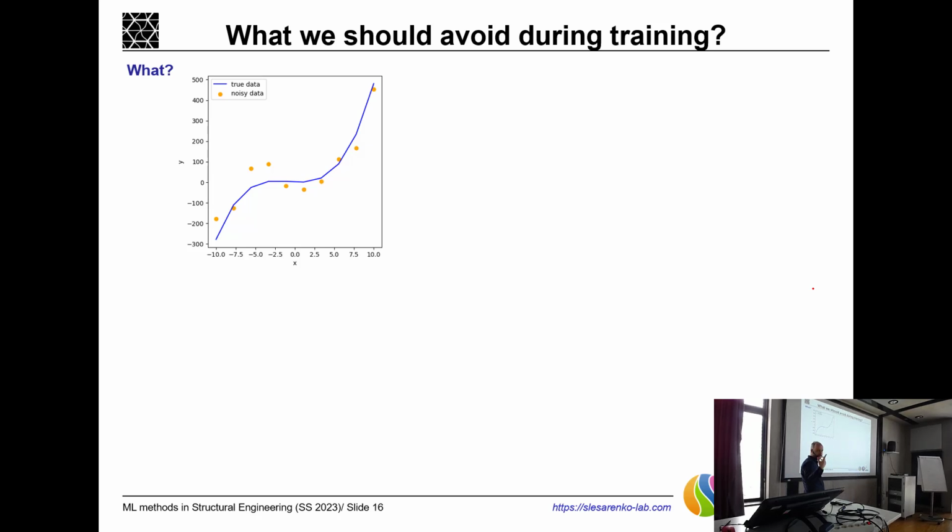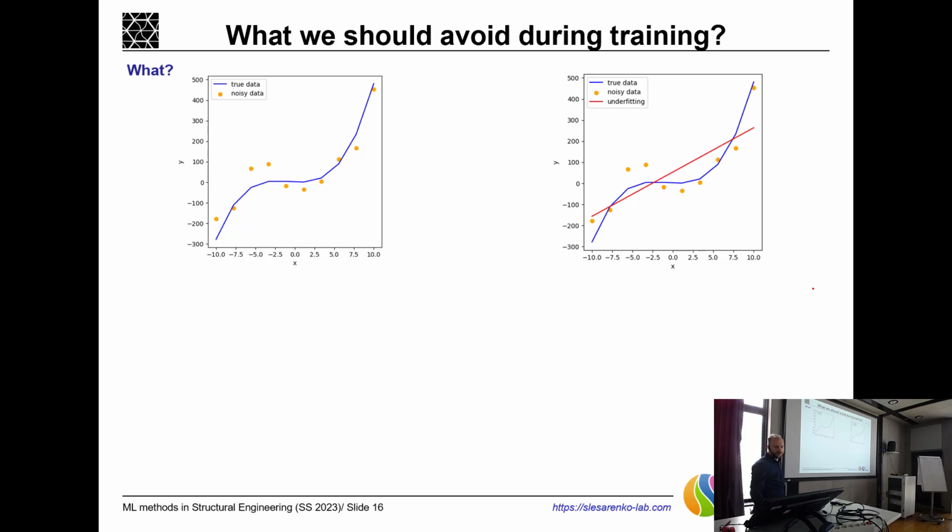Yes, that's right, that's what we're trying to hint. So we can have a situation when our model is not powerful. We will, let's say, do only a linear model, or we have only one intermediate layer. In this case, what may happen is we may get this red line. There is still some correspondence to the data, but of course, it's not what we want.